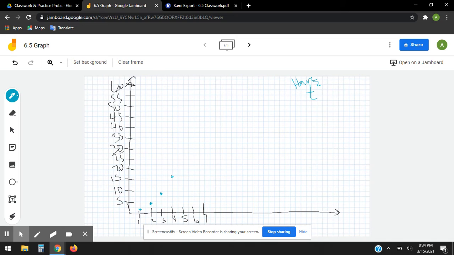Oh, that's right on a point. That's nice. 6 squared is 36. 7 squared is 49. That's up here. We could almost do 8, couldn't we? Go here to 8. 8 squared is 64. So we could get up to this, a little above 60 in there.